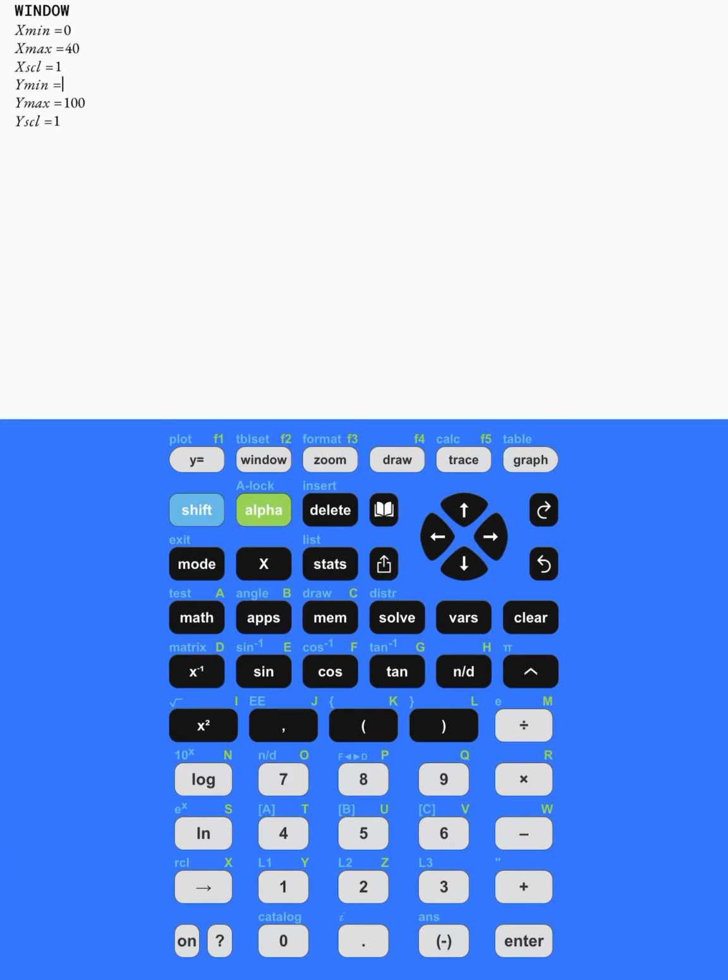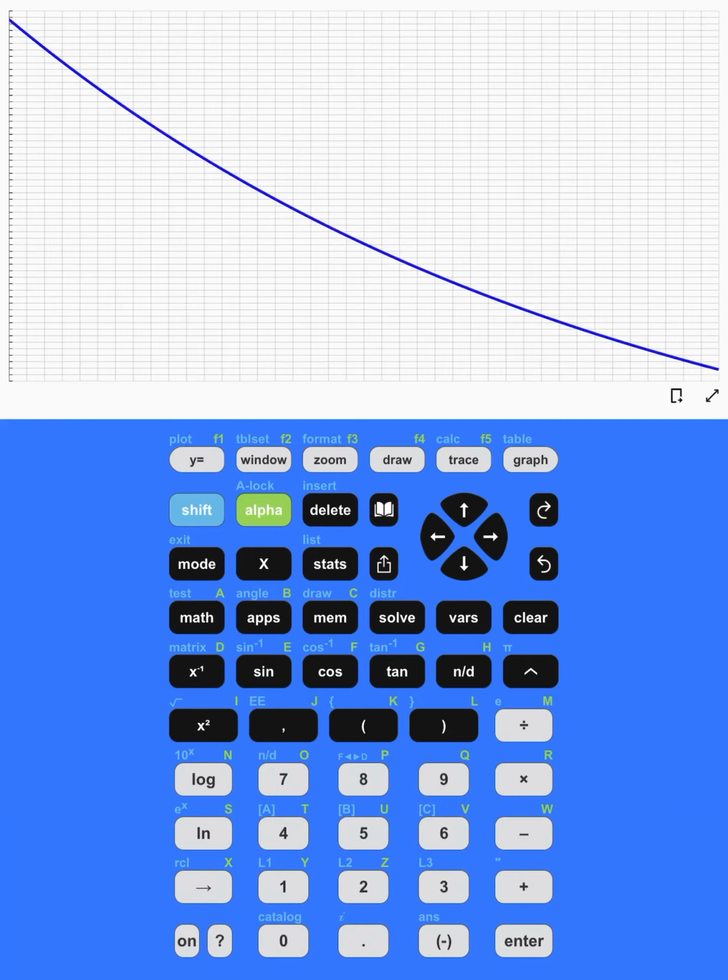It seems like 23 is my lowest value. So if you want, you can go 23 and up. So 23 is my lowest, and my highest value seems to be 80. So we're going to put 80 for our Y max, which is degrees Celsius. Then we're going to graph it, and it should look like this exponential equation.